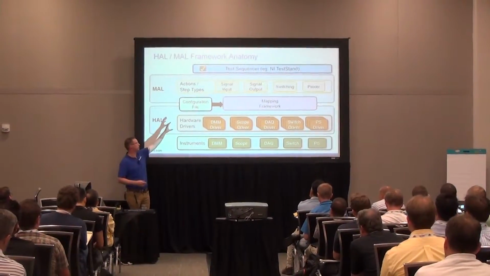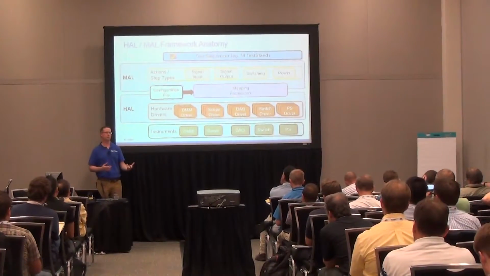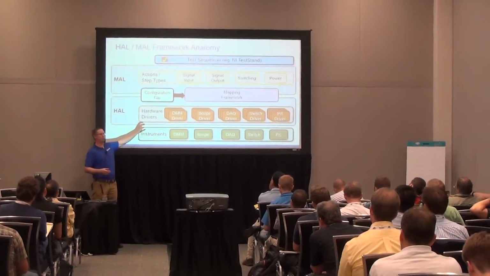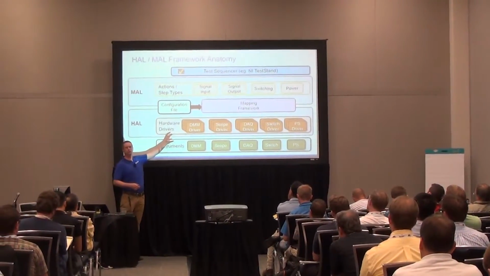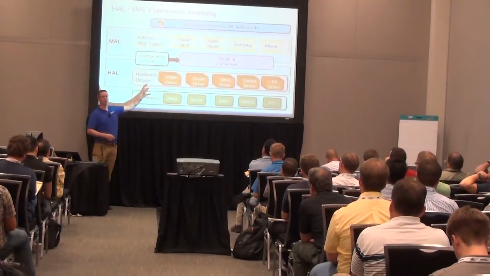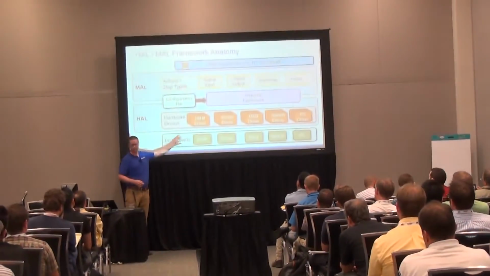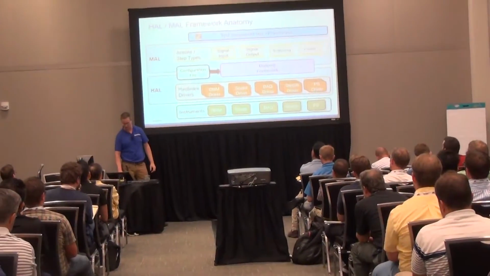For instance, the signal input is going to maybe define some connections and some measurement devices. The hardware abstraction layer defines how to make connections, or the syntax for making connections or taking measurements. And then at the bottom level, you have your instruments, and you have some very specific interfaces to those.